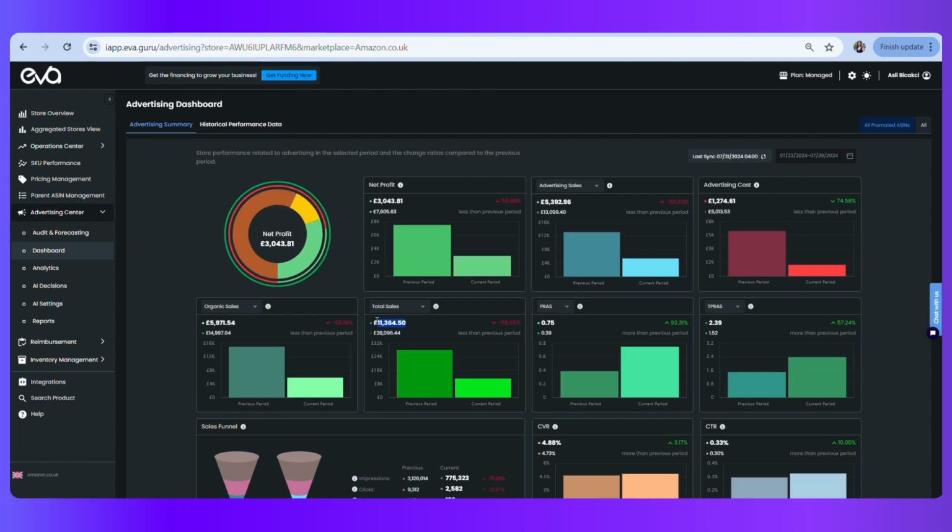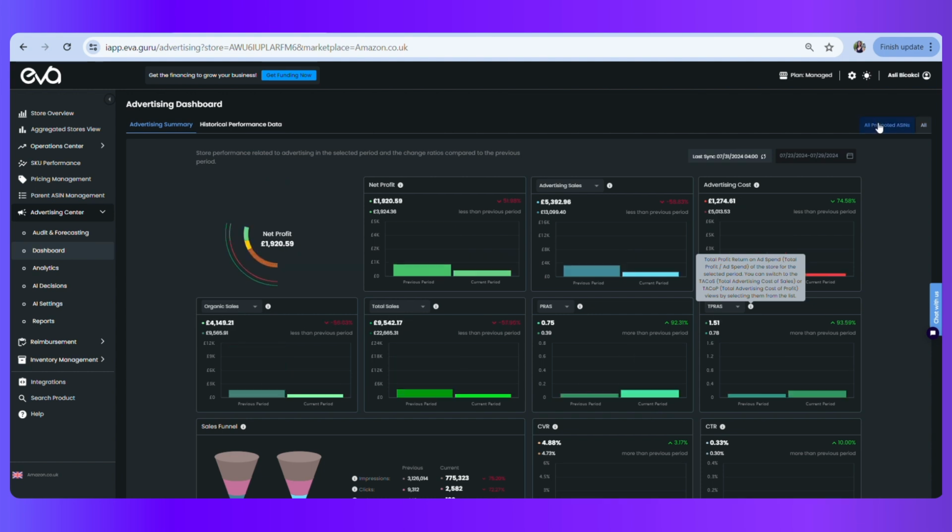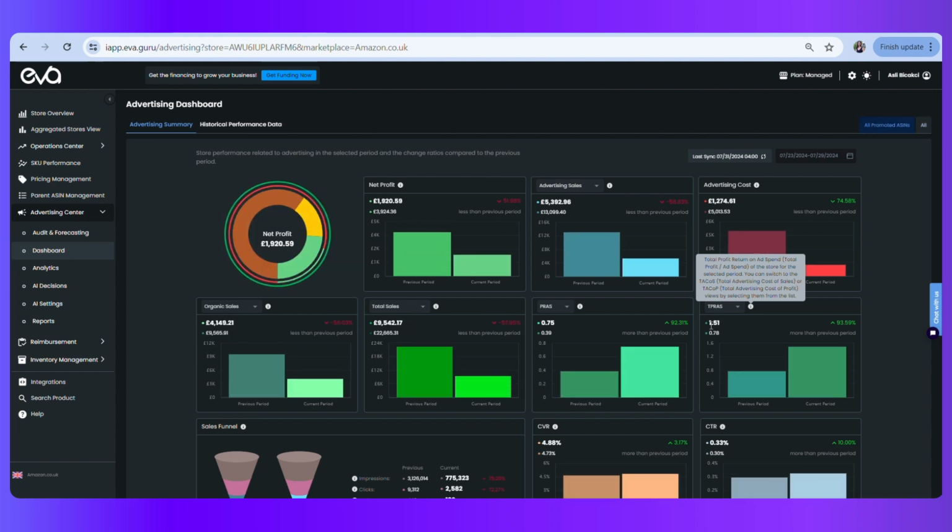Yeah, the total sales is high in the All Promoted ASINs filter. You can also see the All Promoted ASINs TPROS is 2.39, but on the other hand, if we select All, the TPROS is 1.51.